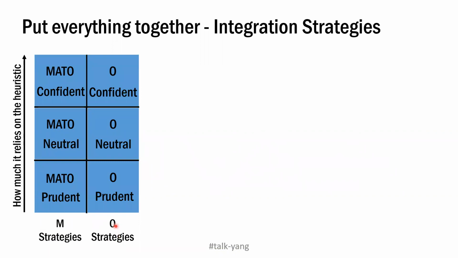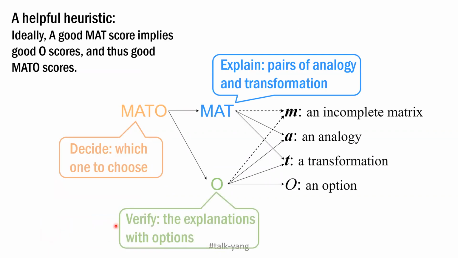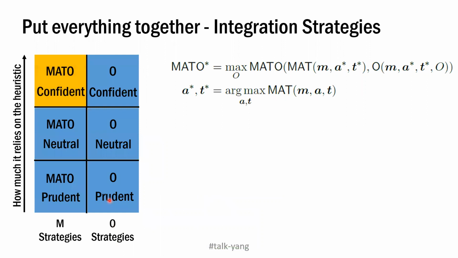We can optimize the O score because the O score also depends on all the variables we define here. So for the first one, we call it M-confident strategy. It tries to optimize the MATO score, but before that, it first optimizes the MAT score to get the best explanation represented as a pair of an analogy and a transformation, and then optimizes the MATO score over the option.